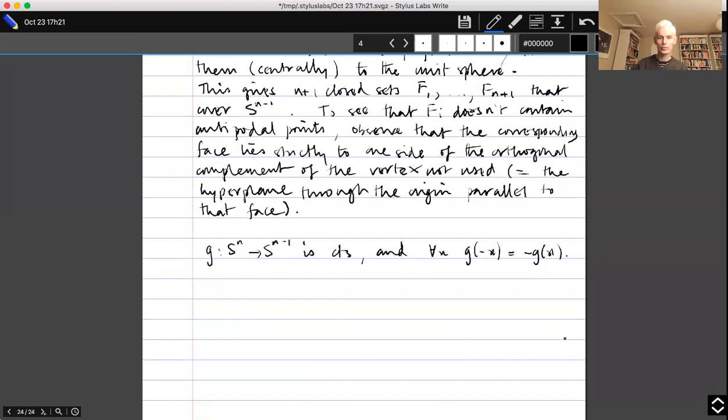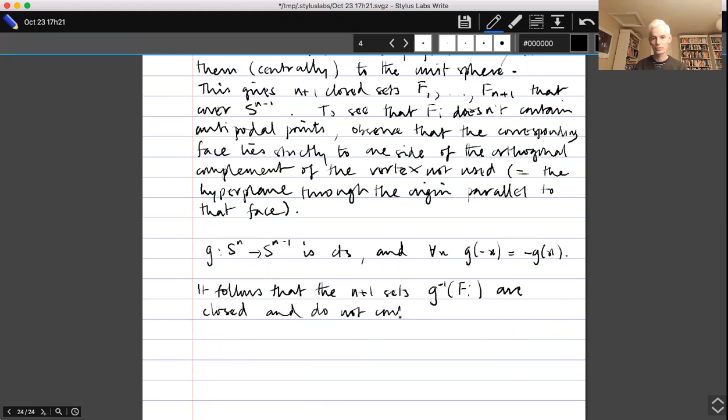And so from that, it follows that the sets, so we've got n plus 1 of them, g^(-1) of F_i are closed. That follows from the fact that the F_i's are closed and g is continuous. And they do not contain antipodal points. That follows from the fact that g is an odd function. And just in case you can't see that in your head instantly, let me quickly do that.